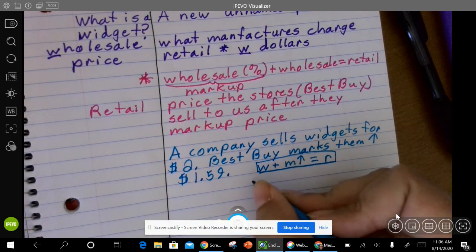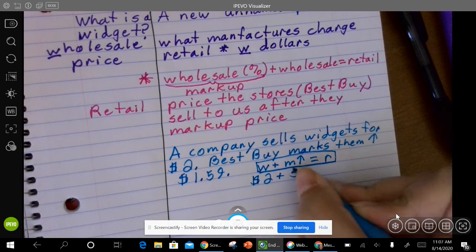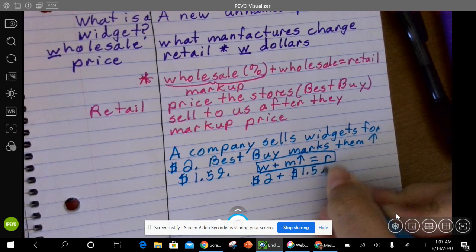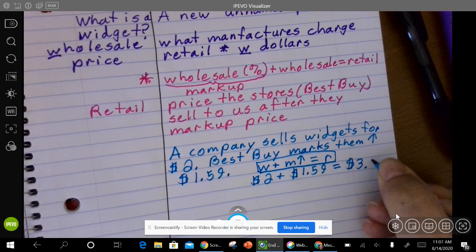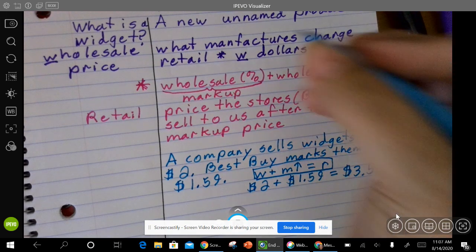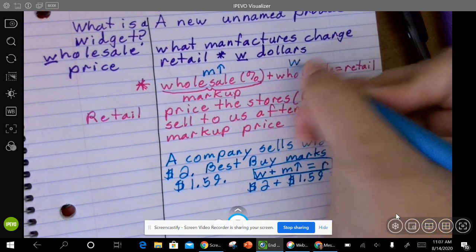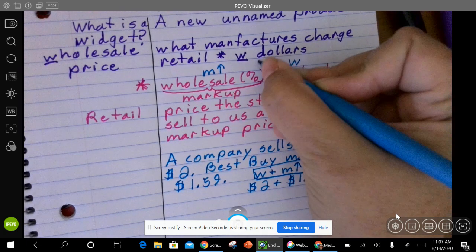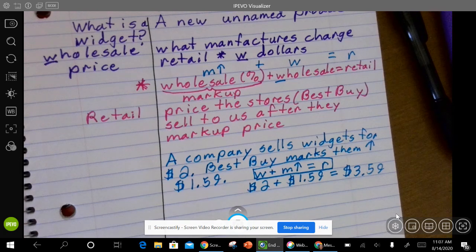So it's going to be the $2 plus the $1.59 is going to give us the retail price of $3.59. Okay, so again, everybody, markup plus wholesale equals the retail. Okay, so that's where I'm getting that from.